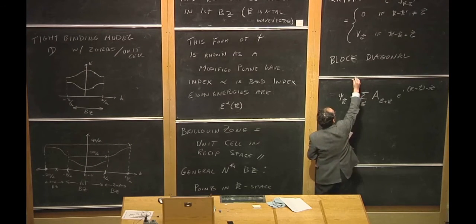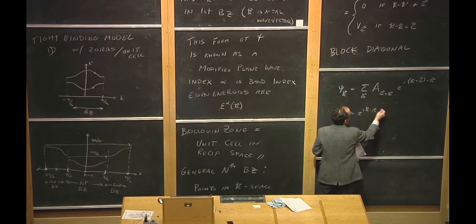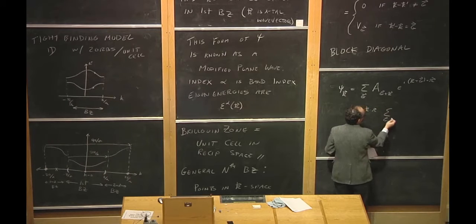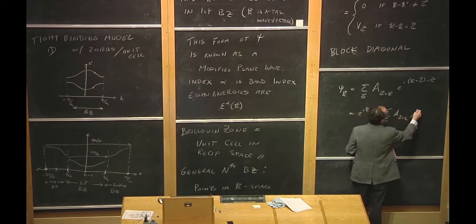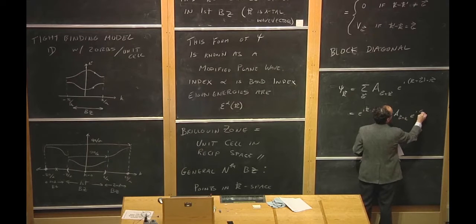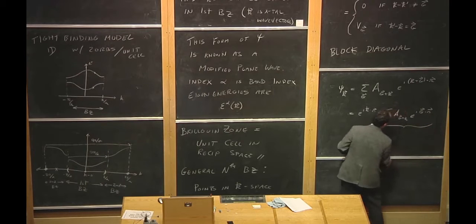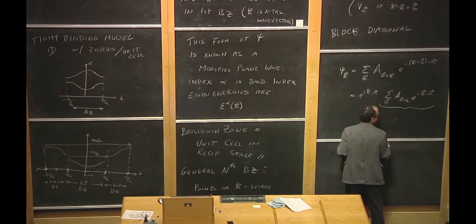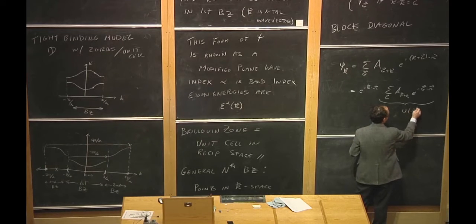So from here, we're pretty much done, because you can just factor out the e to the i k dot r, and then you have sum over g of a of g plus k, e to the i g dot r. And this piece here is the periodic function u of r.